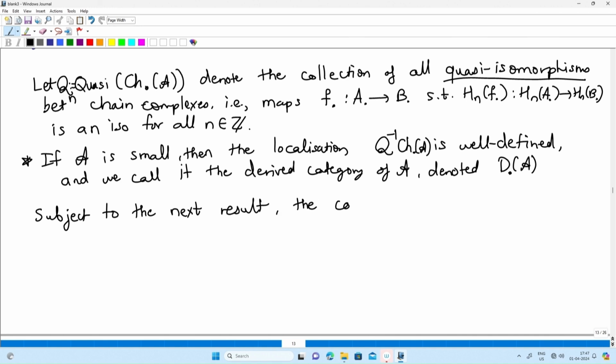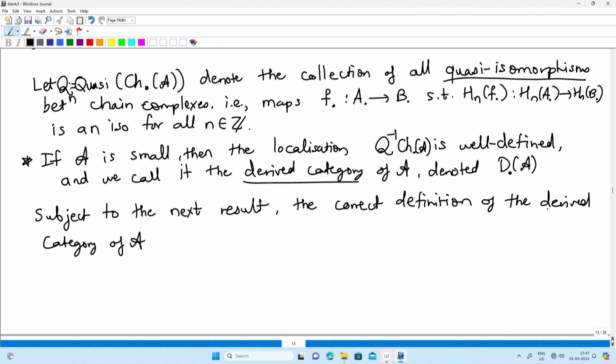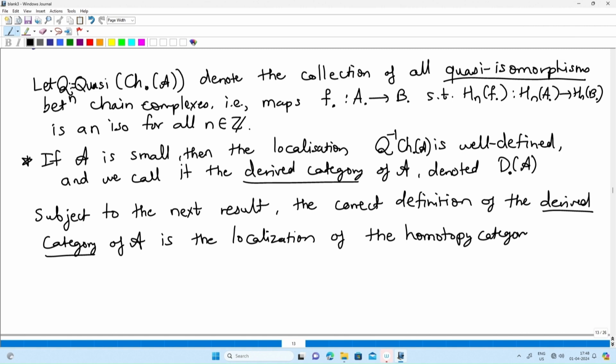The correct definition of the derived category of A is the localization of the homotopy category K dot A at the collection of quasi-isomorphisms.